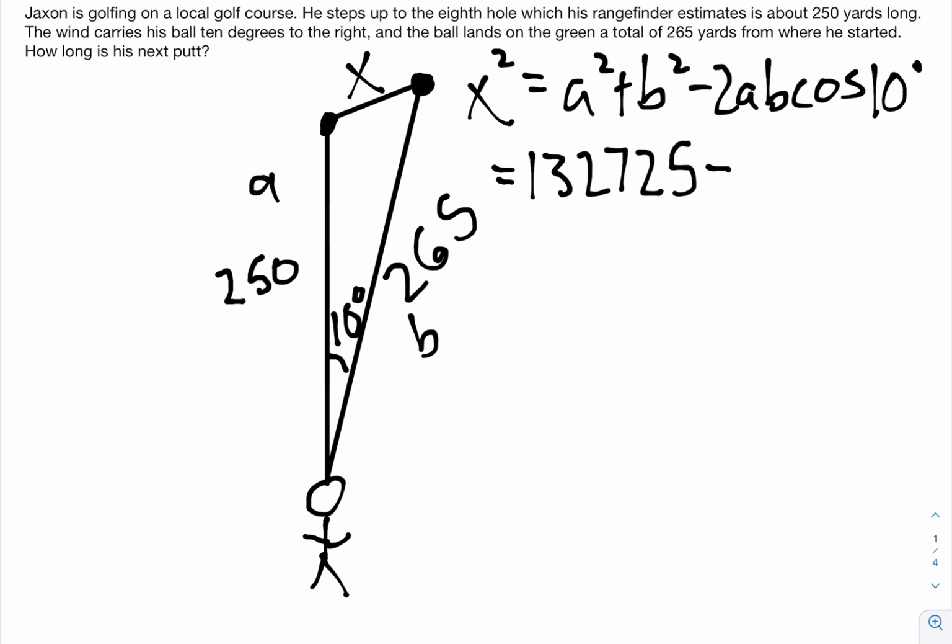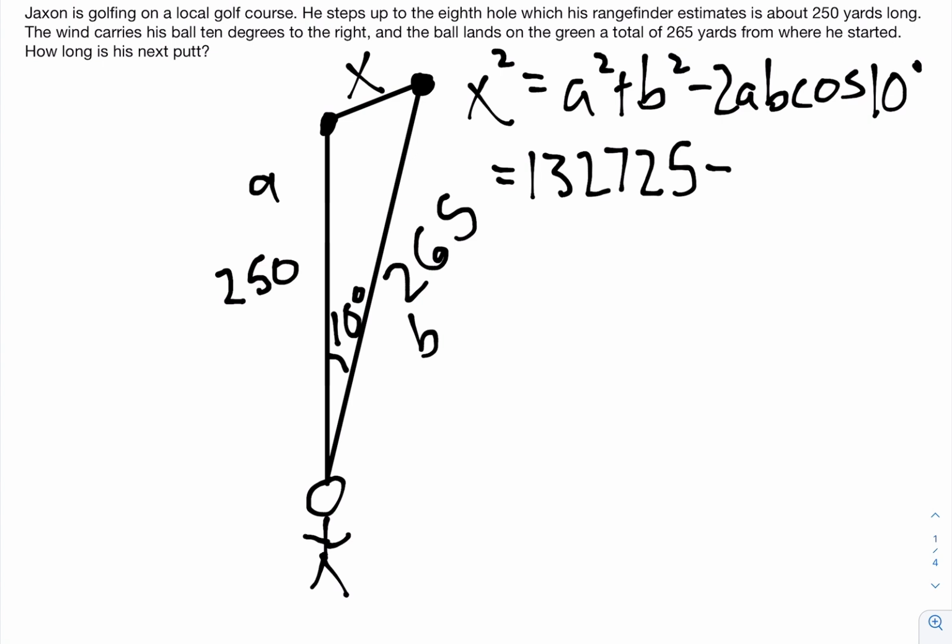And then remember we're subtracting 2ab cosine 10. So we're going to go 2 times a, which is 250, times b, which is 265. So that's 132,500. So we're going to take that and multiply it by the cosine of 10.